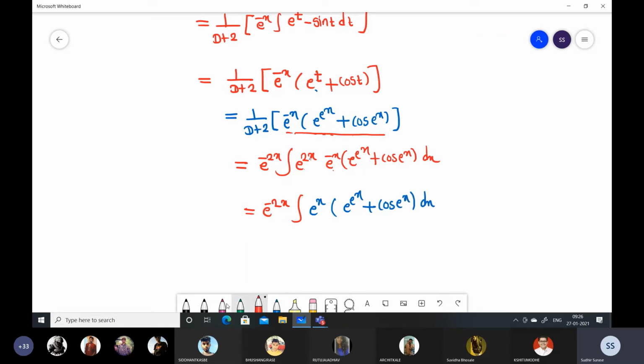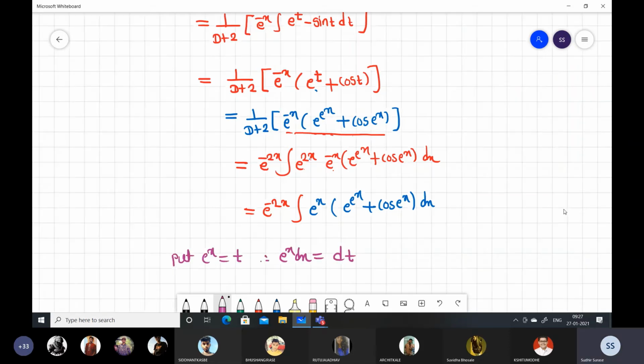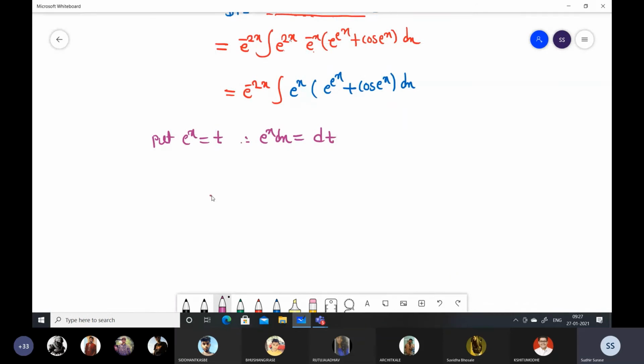And to solve this integral, again we can put e to the power x equal to t. Therefore e to the power x into dx will be dt. Using this substitution, this integral looks like: the outside term as it is, e to the power negative x, and inside e to the power t plus cos t, because e to the power x is t, right?